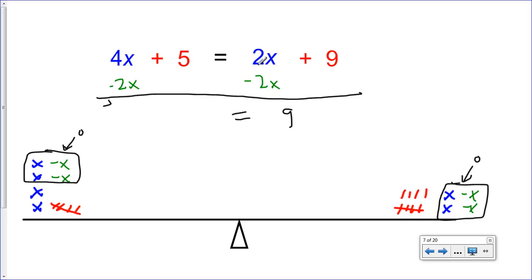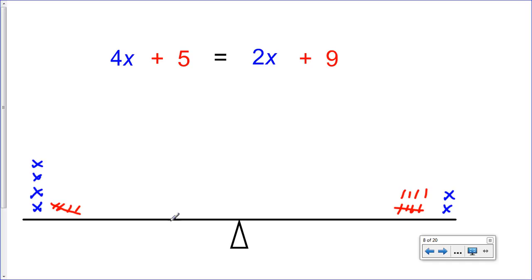So we have 9 on the left, 9 on the right. We have 4x and negative 2x. Well, because the two negative x's that we added canceled those two, we end up with just 2x. So this is the resulting equation that we have, 2x plus 5 equals 9.